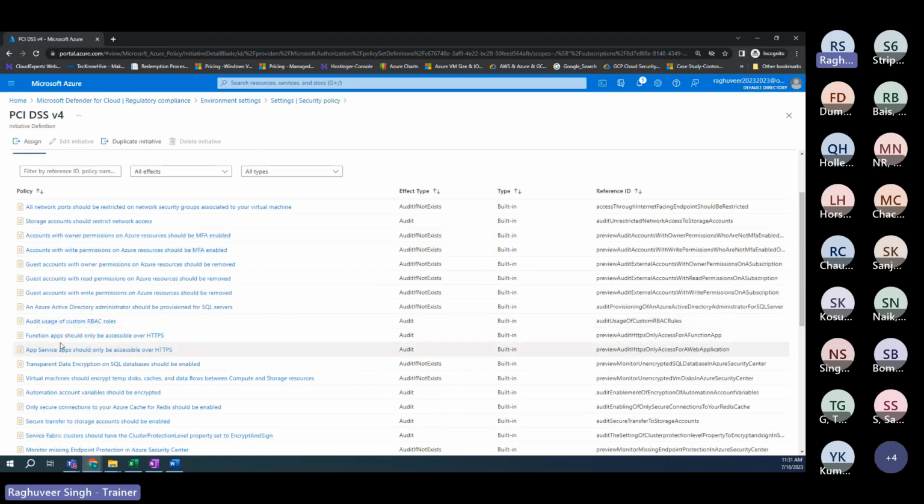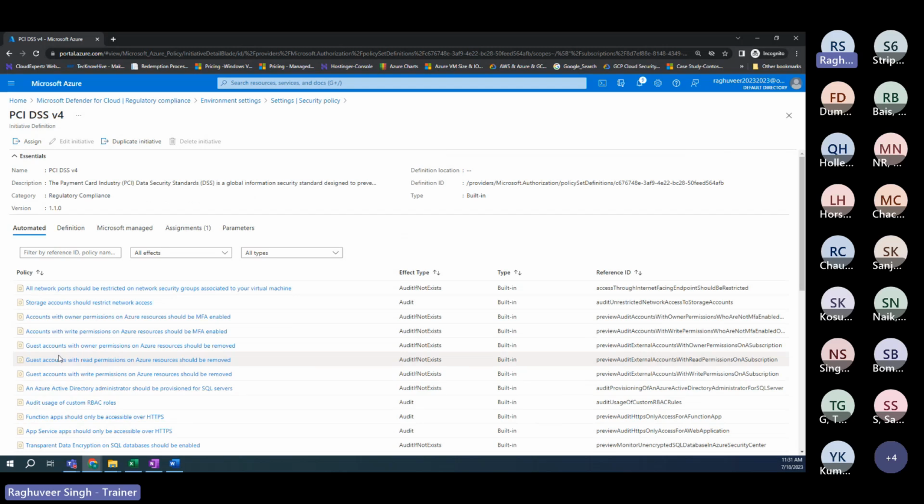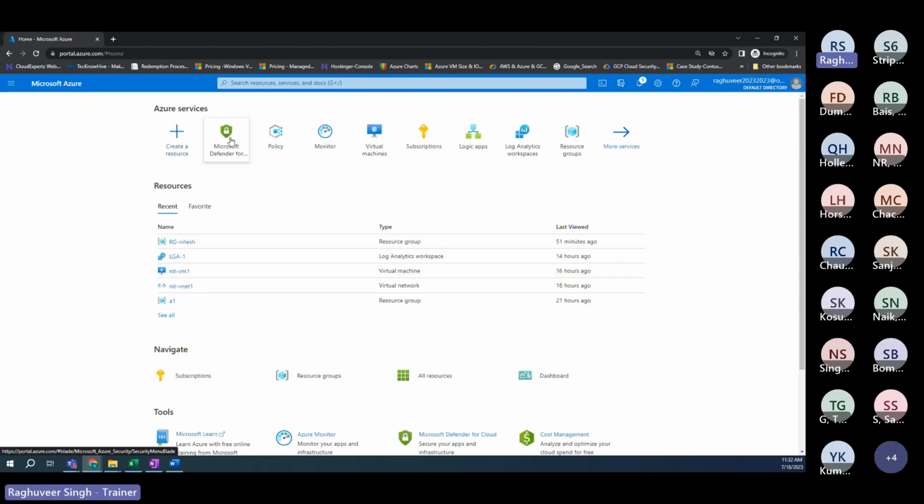You can see all the controls. And most of the compliance and standards, ultimately they talk about the same practice, same core. The language is different. So when you are compliant to a specific standard, you will be automatically compliant up to a certain extent in the other standard also. So this is where you see the compliance information.